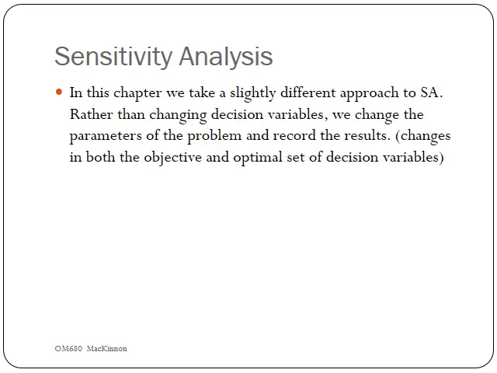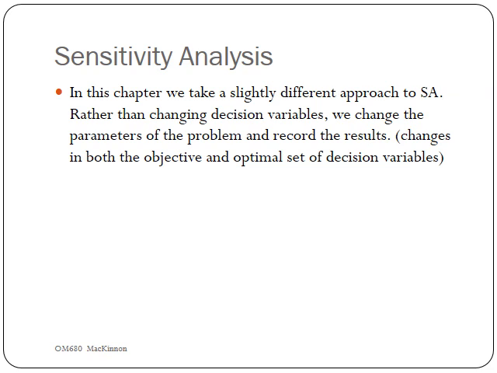But in this chapter, we're going to take a different approach to sensitivity analysis. Rather than changing the decision variables, which is what we let Solver do, we're going to change some of the other data, the other parameters of the problem, and see what happens and record the results.